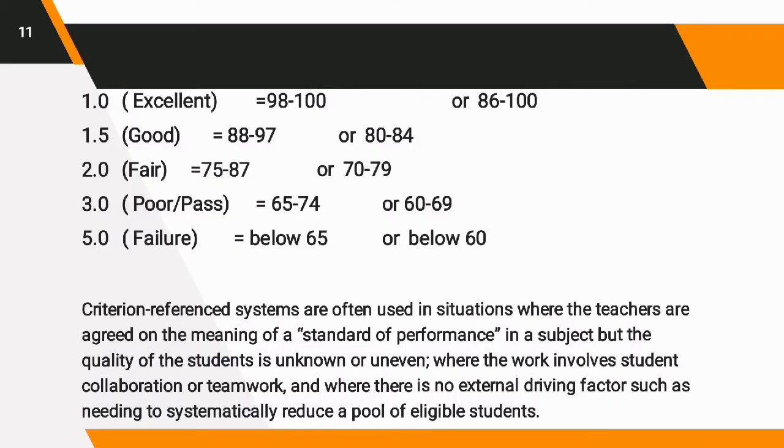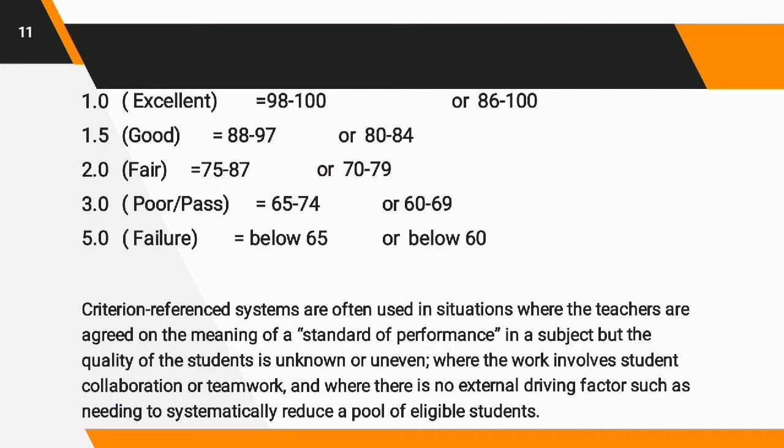So this is the criterion reference grading system. The 1.0, excellent, is 98 to 100 or 86 to 100. Next, 1.5 is good, 88 to 97 or 80 to 84.